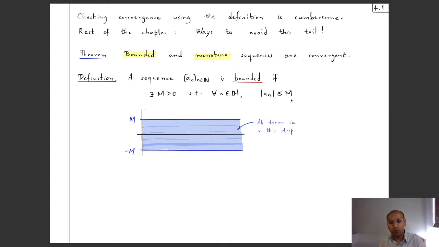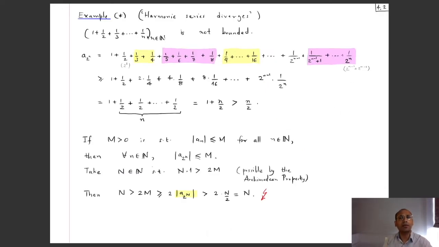So I want to continue with that theme of examples and cover one more example where it's not very clear that the sequence is actually unbounded. This is the example where we look at the sequence where the nth term is given by 1 plus a half plus a third all the way up till 1 by n, and we are going to show that this sequence is not bounded.